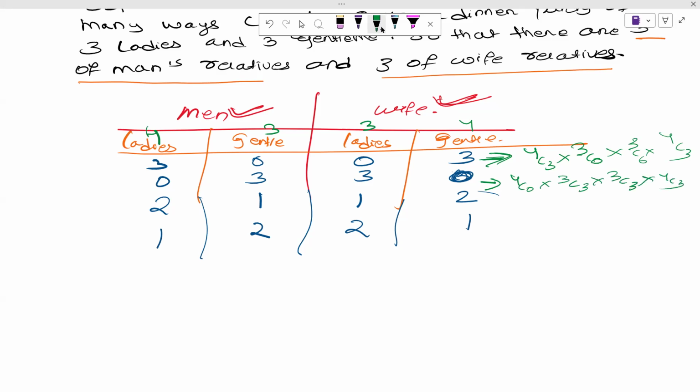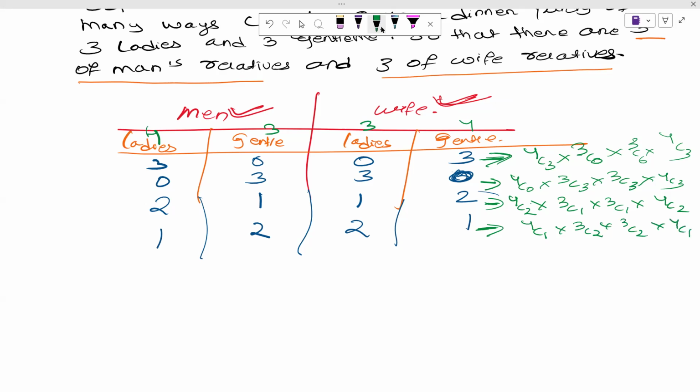Now, the next point. Here 4C2, next 3C1, next 3C1, next 4C2. Now, the last one, 4C1, 3C2, 3C2, 4C1.